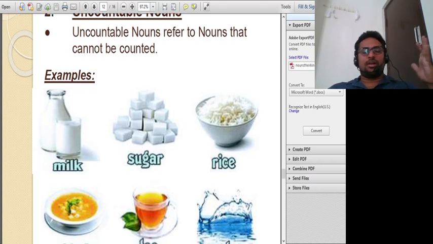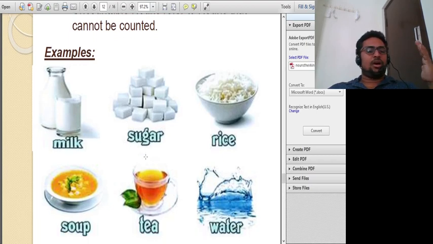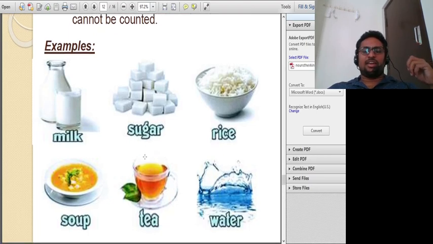Sugar we cannot count. Rice we cannot count. Can you ask your mother, please, I'm feeling hungry, can you please give me five rices? No, right? So we do not have a plural form for the uncountable nouns.